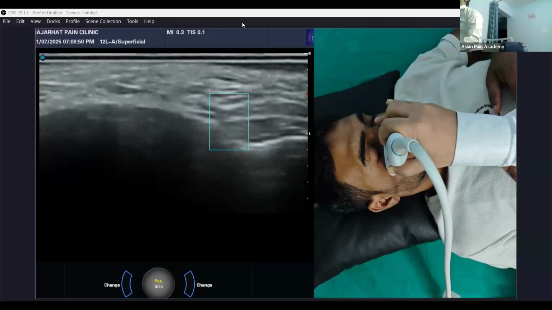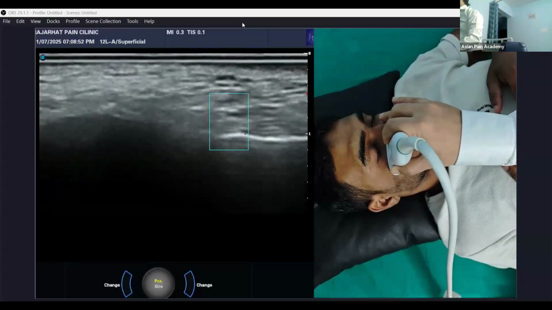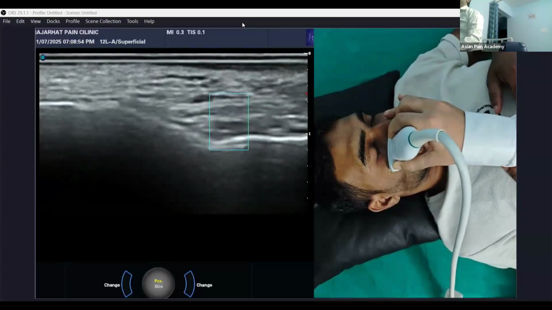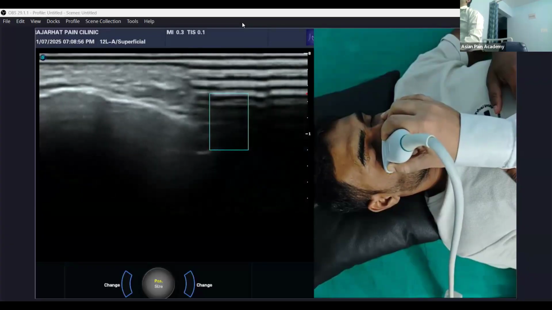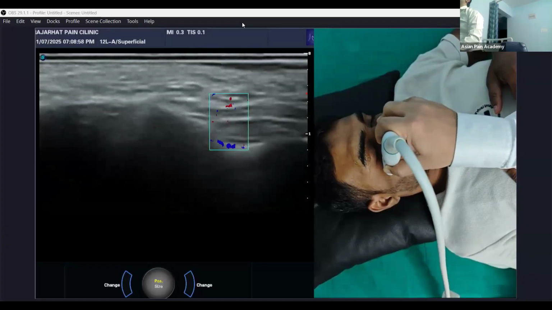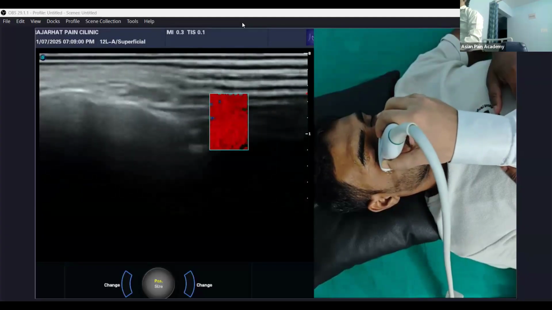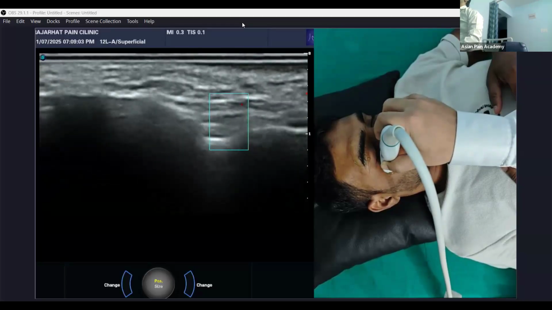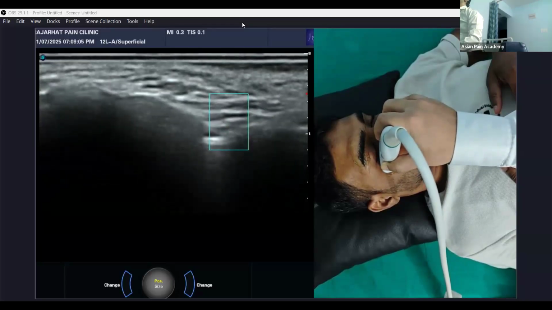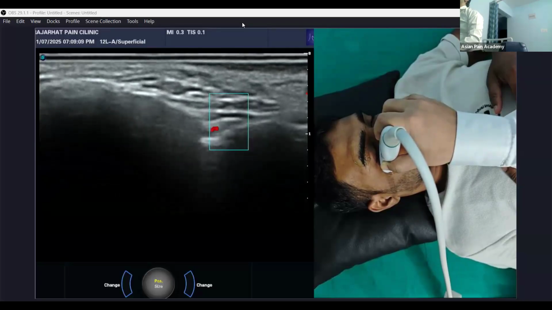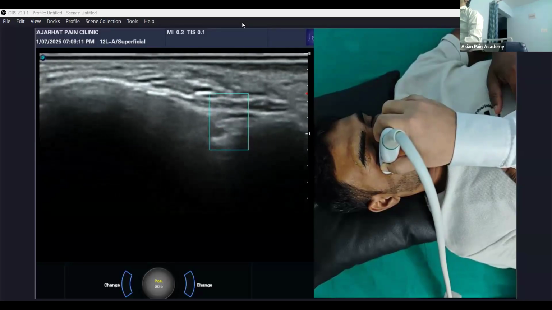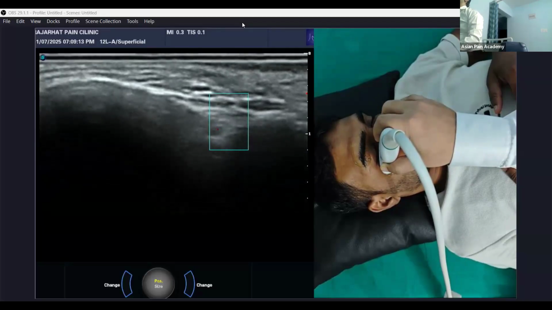If you go a bit down, it is all bone. And when we come towards the eye, at the lower border towards the eye, we will find this gap. This is the infraorbital foramen.